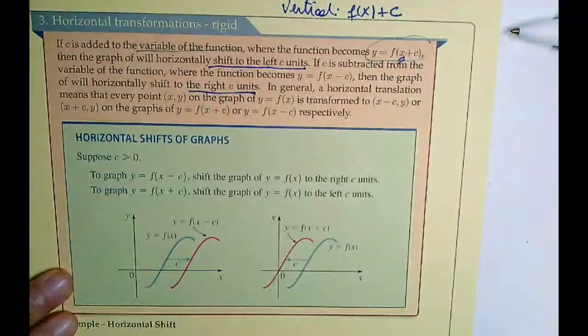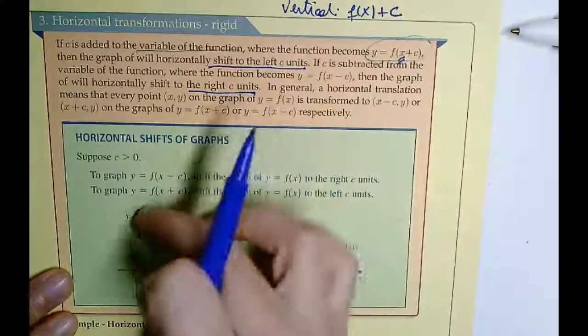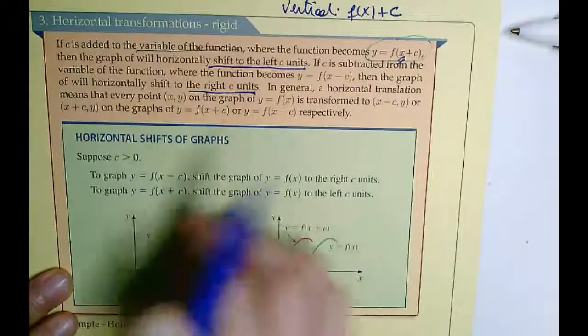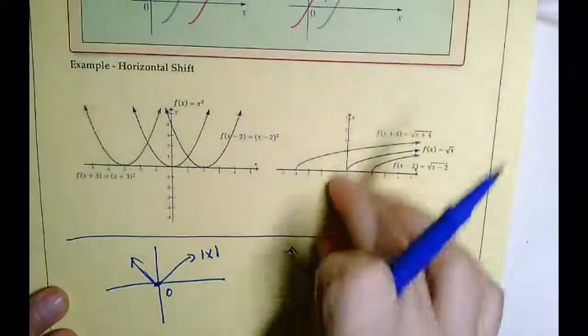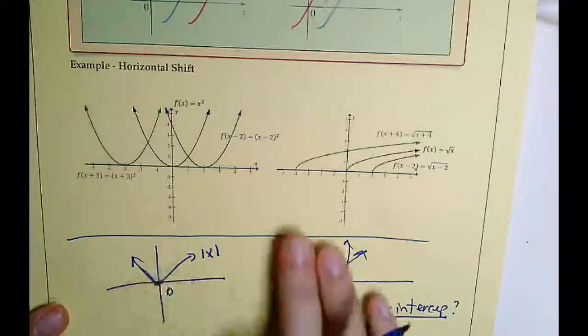So in general, when you do a horizontal translation, notice that the y value stayed the same. The graph stayed the same. I didn't move it up or down. So it's the x value that changed.